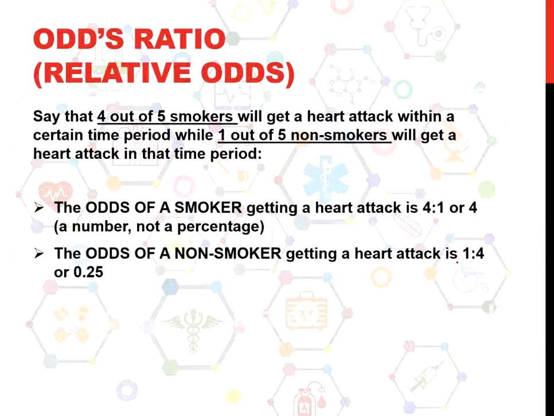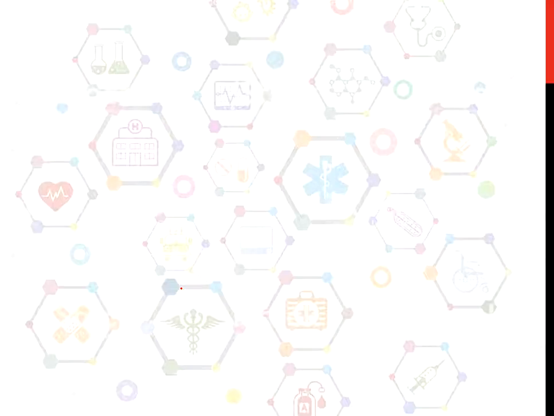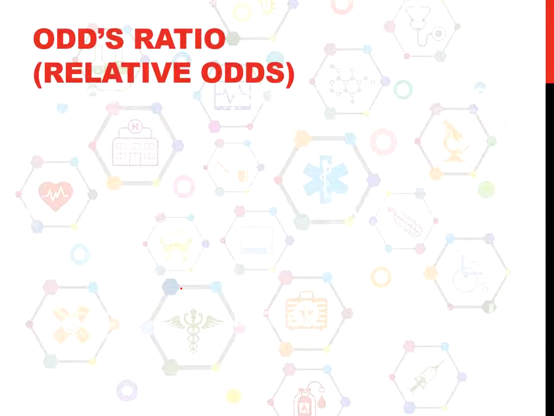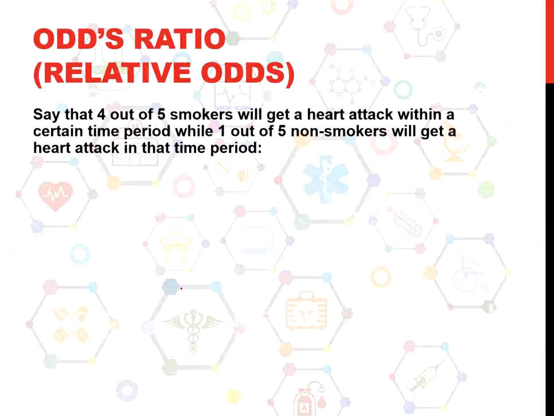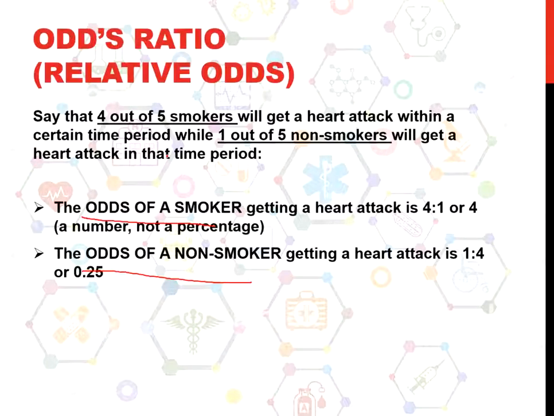Okay. So, 1, tapos minus mo yun doon, 4. So, 1 divided by 4 is 0.25. So, dalawa na yung ating odds. So, odds ng smoker, saka odds ng non-smoker. So, bakit? Kasi gagamitin natin yan to determine the next, ang ating relative odds. Okay. So, same po ito ng ating example sa kanina.